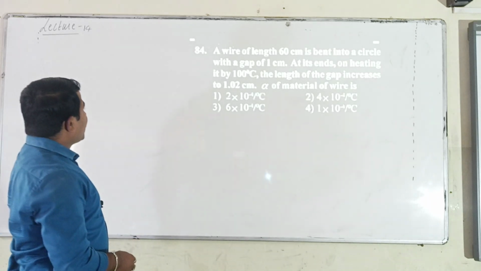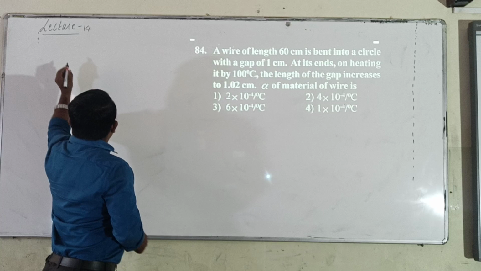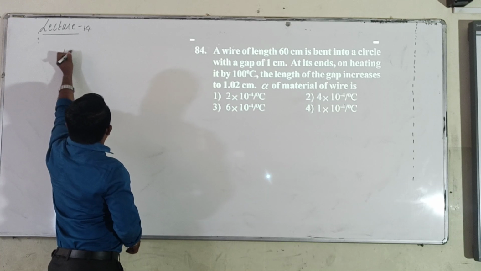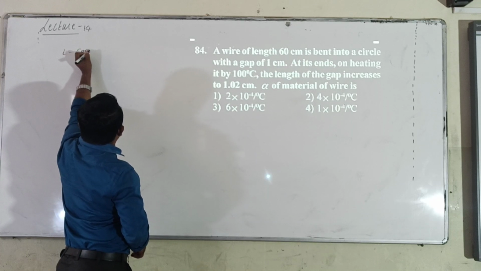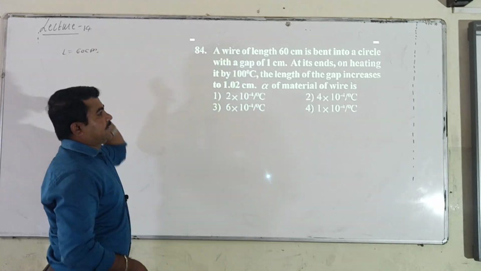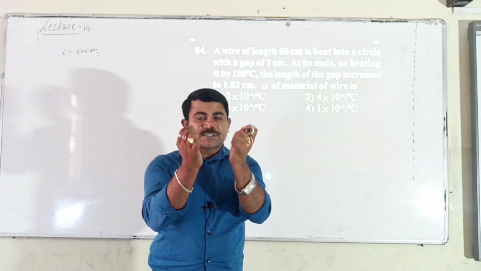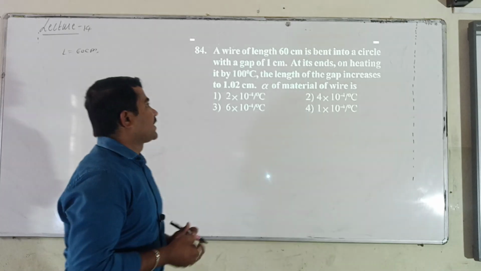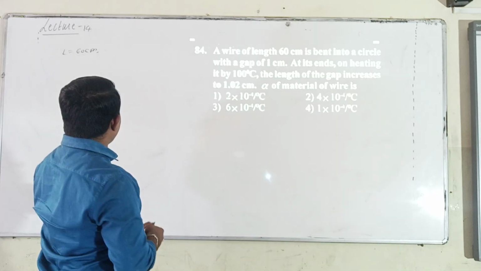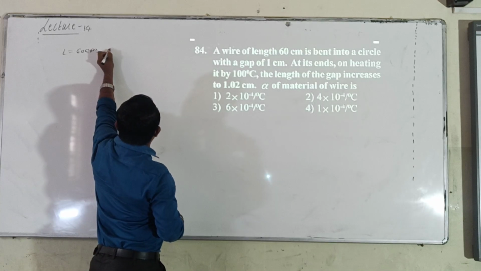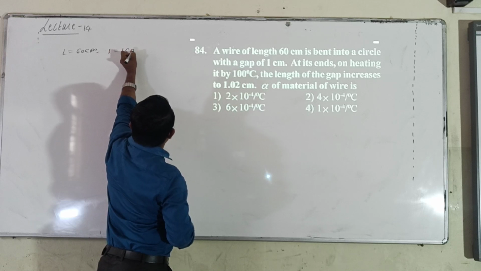Here what is given? A wire of length 60 centimeter is given, total length is given, but it is bent into a circle. A gap is there. Initially how much gap is there? 1 centimeter gap is there.